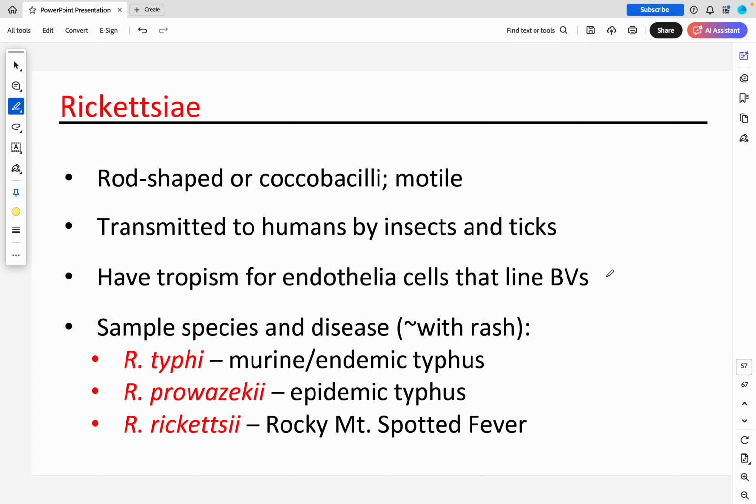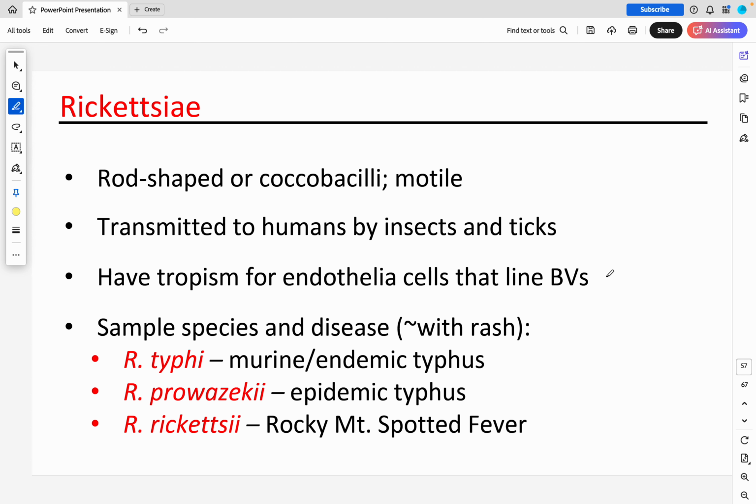So for Rickettsia, they're rod-shaped or cocobacilli in appearance. They're non-motile and they can be transmitted via invertebrates such as insects and ticks. Their tissue of choice are the endothelial cells that line blood vessels. Some sample species and the diseases they cause with associated rash are the following.